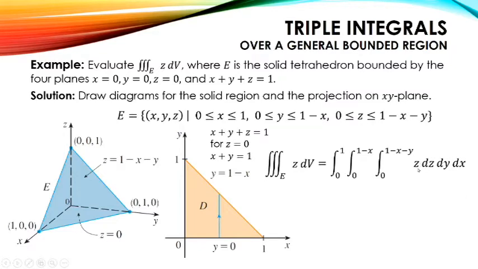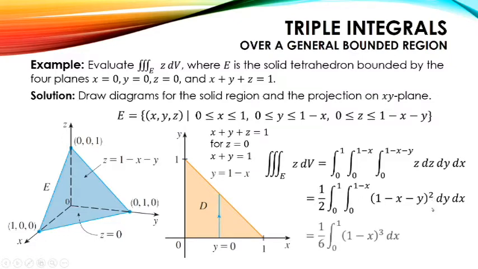So we have z squared over 2, where z is equal to 1 minus x minus y, raised to 2. So mayroon na tayong 1/2 doon. And performing again the next integral, we have (1 minus x) quantity cubed dx, then 1 over 6 na siya. Performing the last integral, this will become 1 over 24. So the value of the triple integral of z dV, where E is a solid tetrahedron bounded by these 4 planes, is equal to 1 over 24.